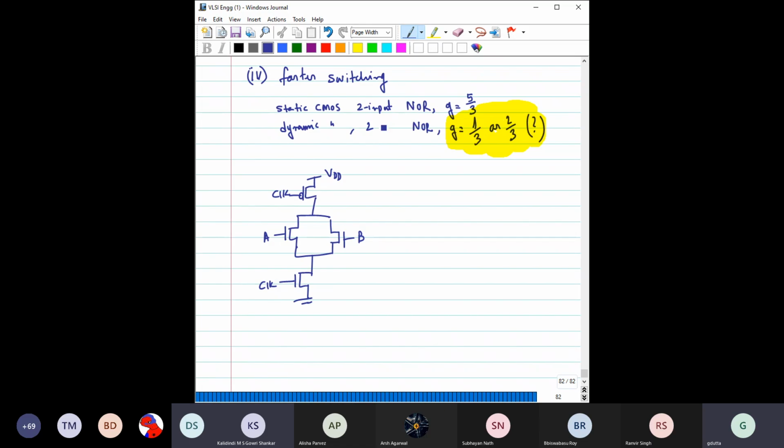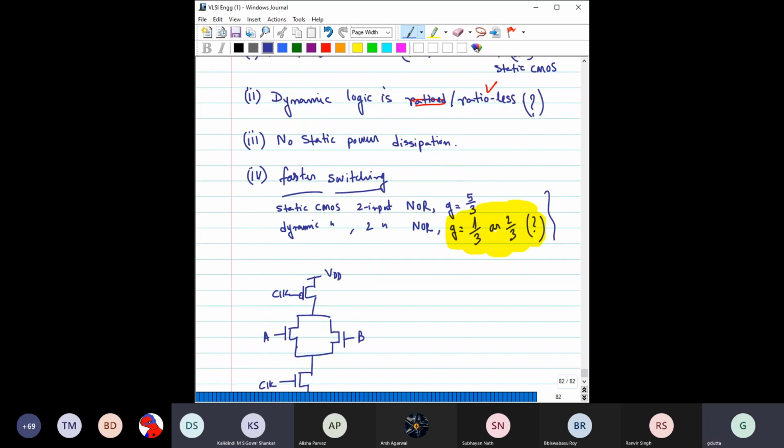Any other thing that you can think of, other than the value of the logical effort, why this dynamic CMOS should be faster? Why should dynamic CMOS be faster, other than logical effort?